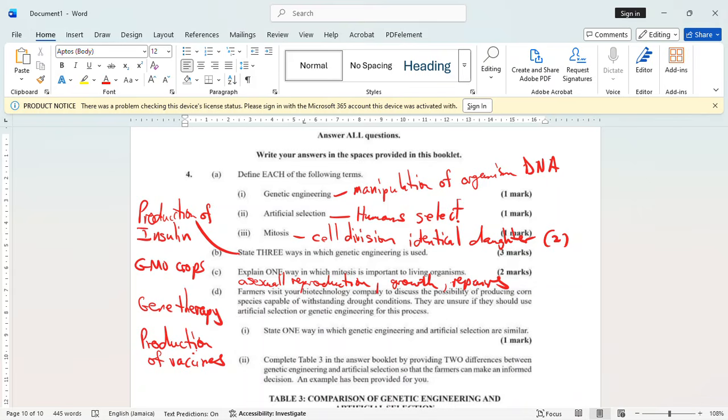So how are they similar? So both of them require human intervention.